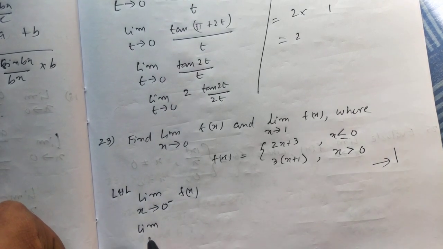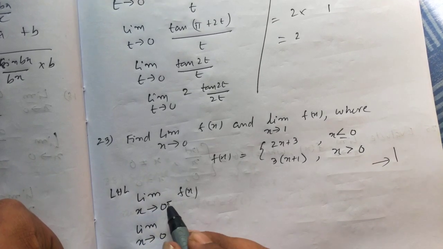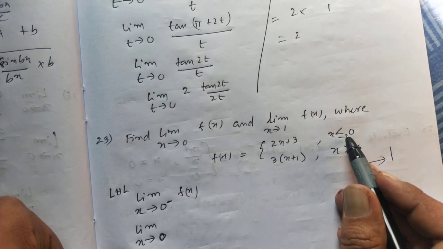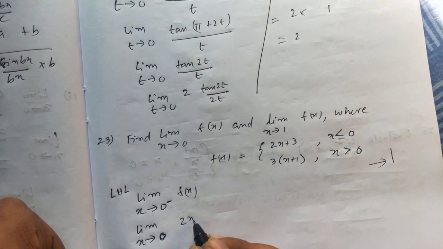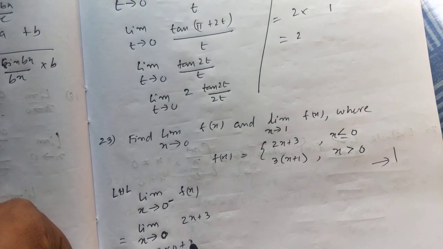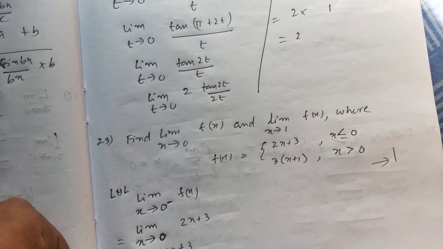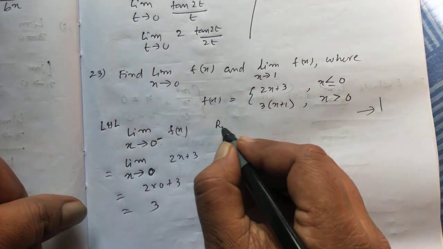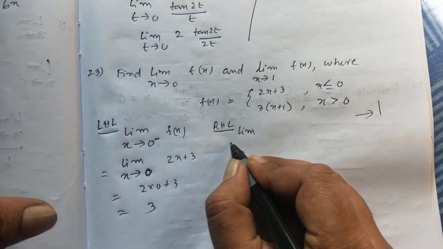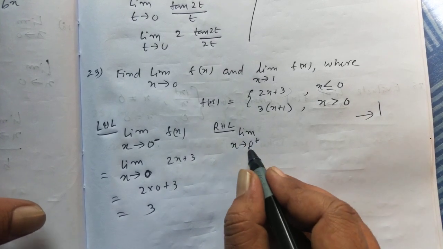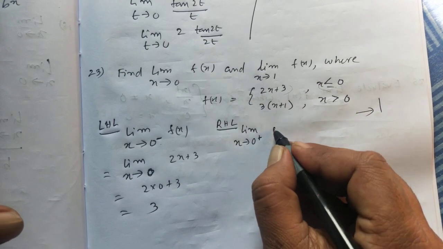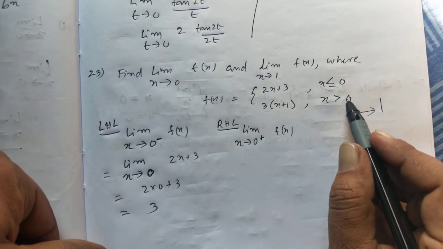This negative is just to take the value only. Less than 0, I can use 2x plus 3. Now put the value: 2 into 0 plus 3, you'll get 3 only. Let us check right hand limit. So we'll write limit x tends to 0 positive, right hand limit, that is the value is more than 0, f(x). More than 0 means we can use this one.